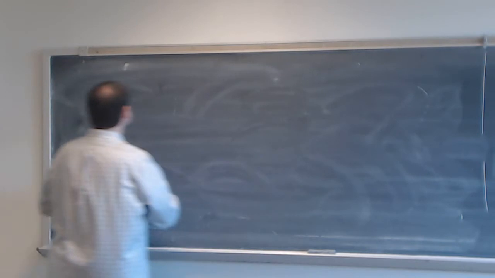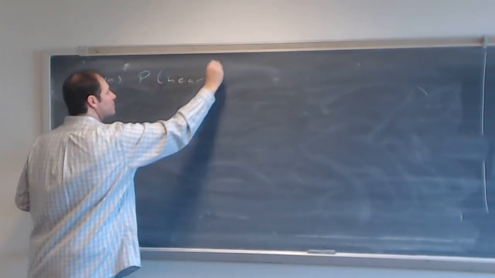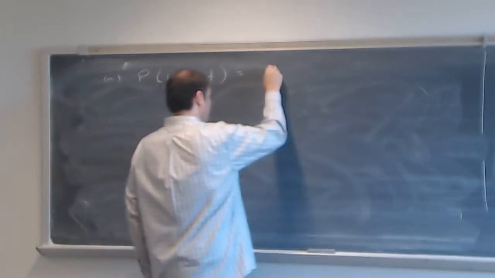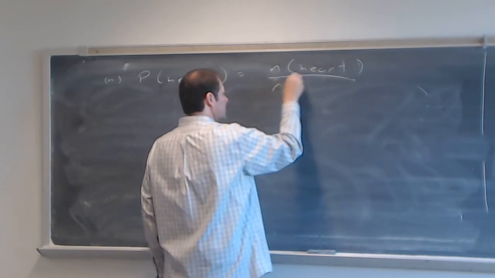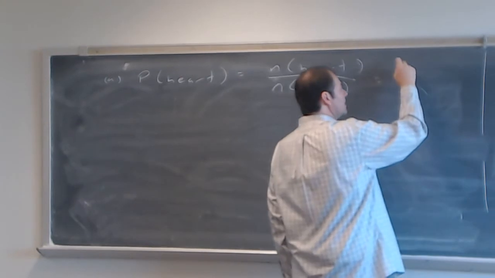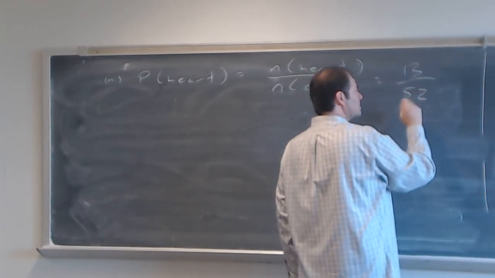So the first problem was the probability that the selected card was a heart. That's the probability of a heart. Well, I'm going to think of this as the number of ways of getting a heart over the number of ways of choosing the card. So the number of hearts in a deck is 13, and the number of cards in a deck is 52.